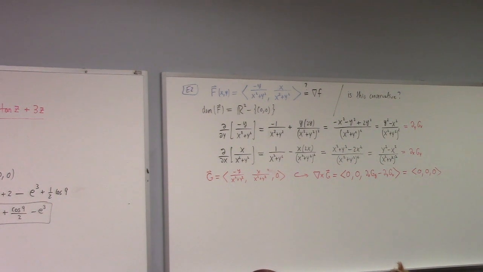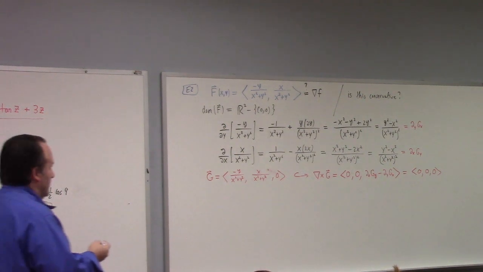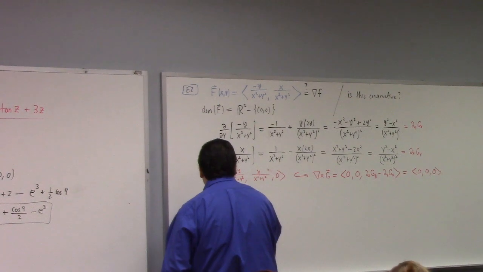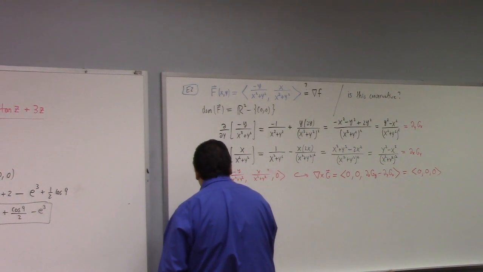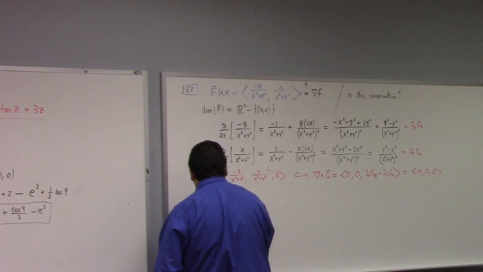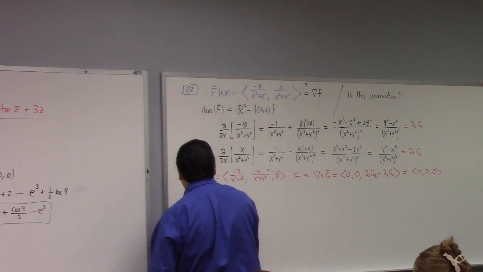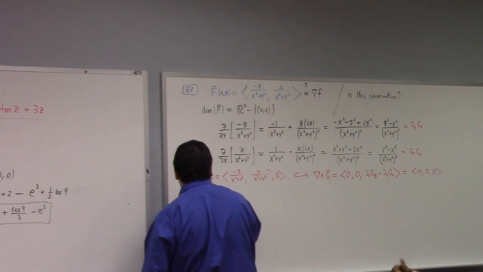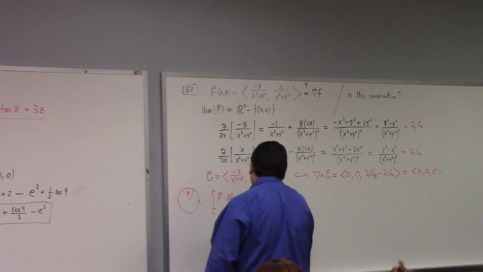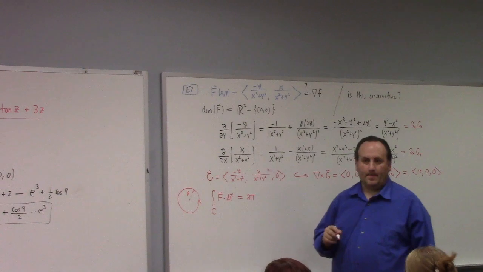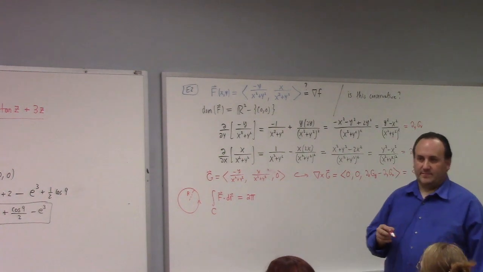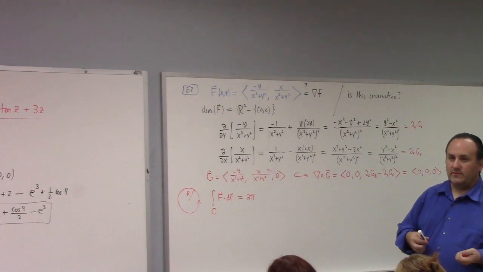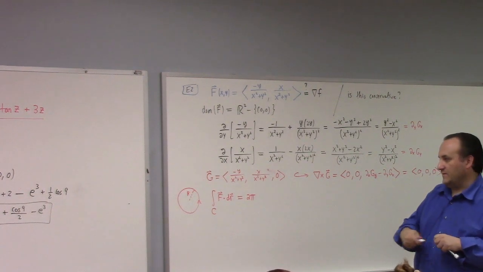Consider this. Yesterday, we showed that the integral of f dot dr over a circle of radius r was equal to what? 2 pi, right? Remember? So what would we be able to argue if there was a potential function?